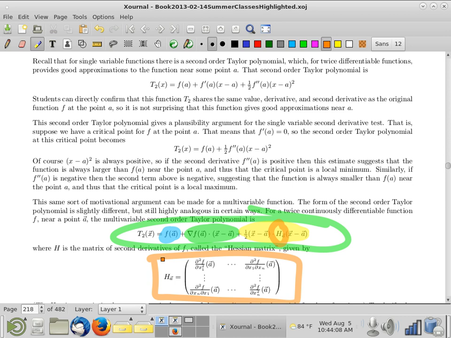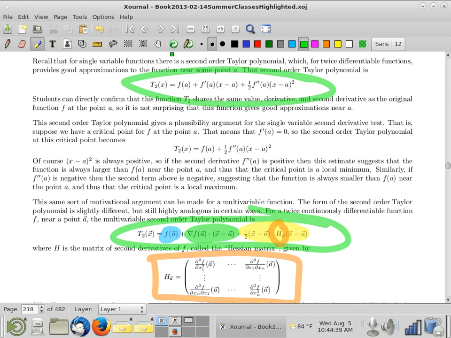Now, why this is the second order Taylor polynomial, I'm actually going to leave this as an exercise for you guys to confirm, and I'm going to tell you exactly how to do it. And that is, let's start back in the single variable case. The interesting thing about the single variable second order Taylor polynomial is that this is a quadratic polynomial that agrees with f in certain key ways.